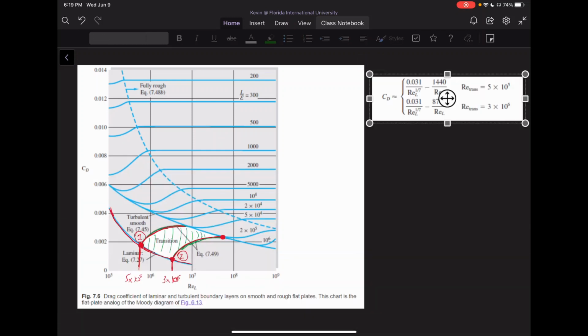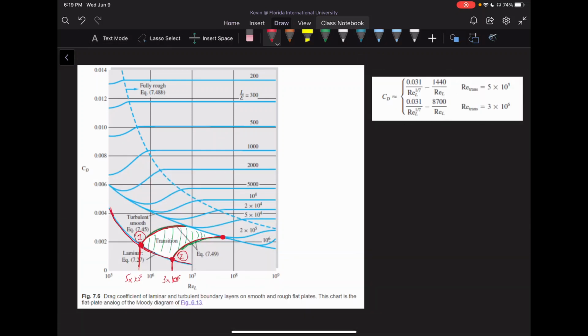We have an equation for where transition starts at 5 times 10 to the 5, and then another equation where transition happens at 3 times 10 to the 6. We can see that the base of the equation is the same as our fully turbulent flow minus a constant in terms of Reynolds that accounts for this transition phase.